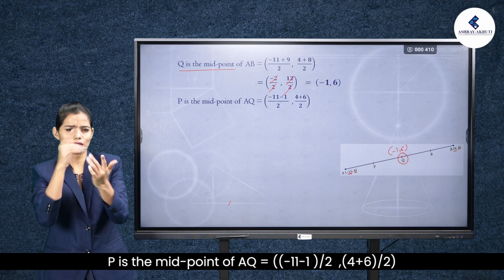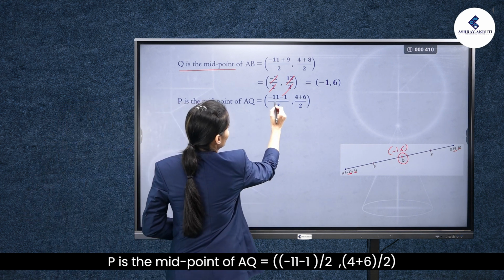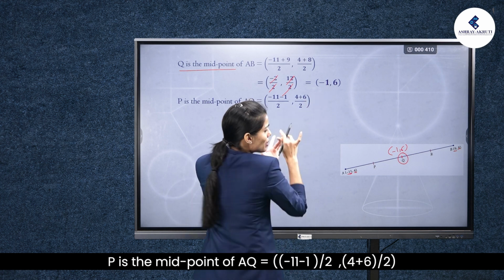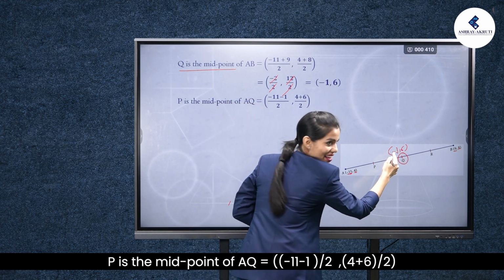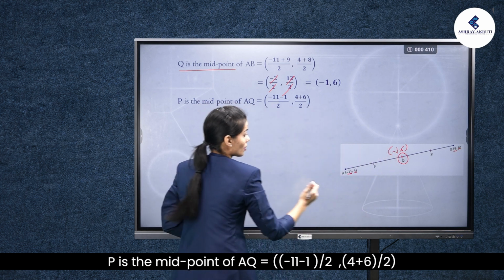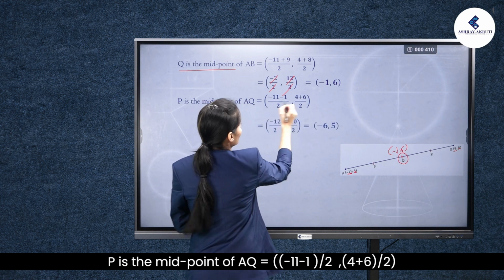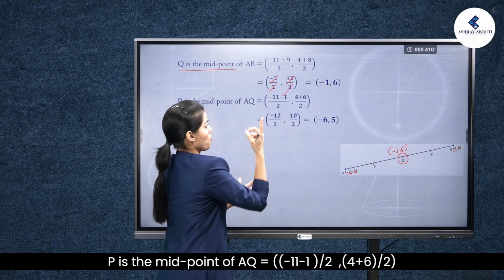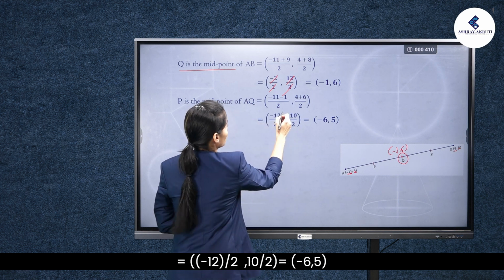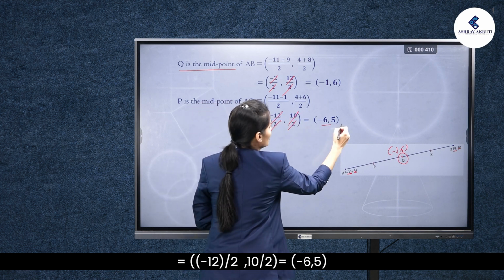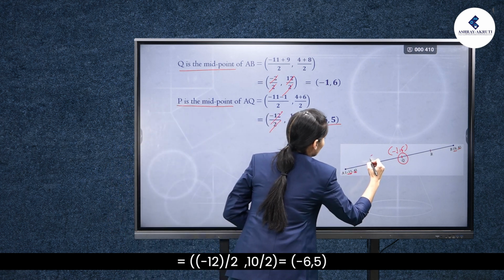P, the midpoint of AQ, is equal to ((minus 11 minus 1) by 2, (4 plus 6) by 2), which is equal to (minus 12 by 2, 10 by 2), which is equal to (minus 6, 5).